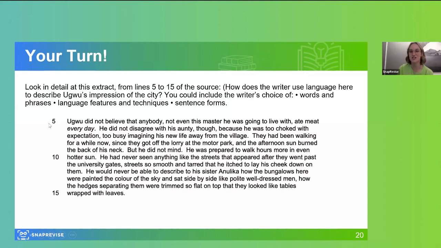So again, the question is asking you to think about how the writer uses language to describe Ogwu's impression of the city. So have a few more minutes, just continue to look at that, pick out any literary techniques that you think about, whether there's any imagery, whether you can talk about the word choice, you could talk about the sentence structure.